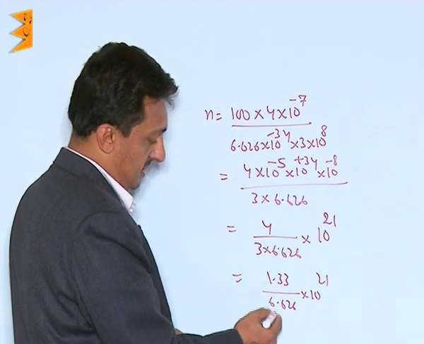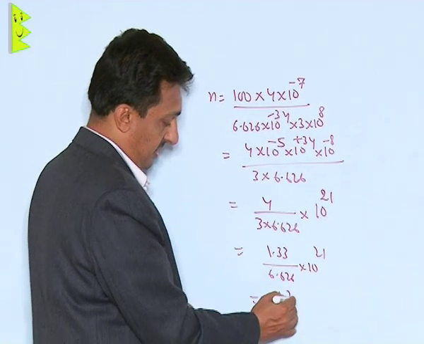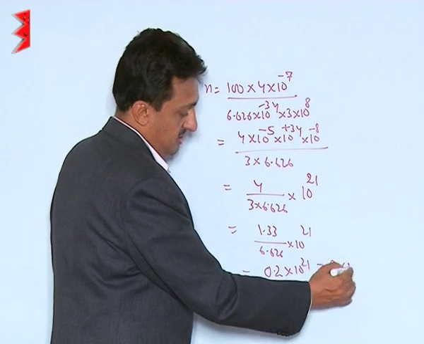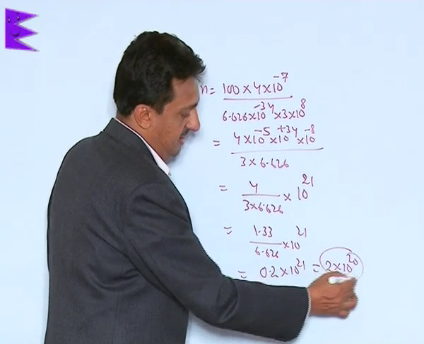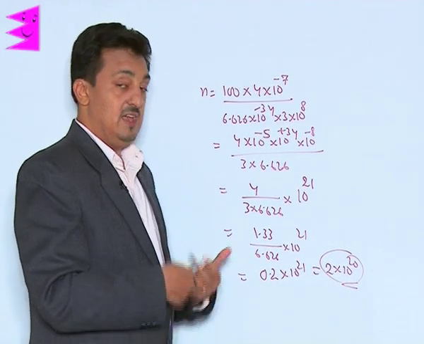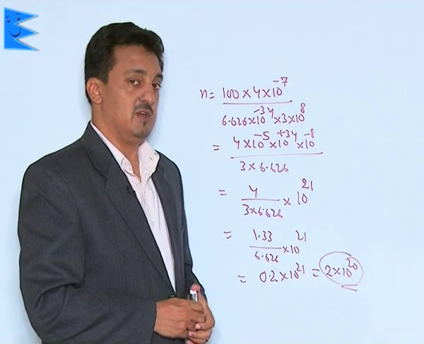This comes out to be, if you see, approximately 0.2 into 10 to the power 21, which is 2 into 10 to the power 20. So these many photons are the ones which were associated with the EM radiation of 400 nanometers, which we have taken, having an energy of 100 joules.